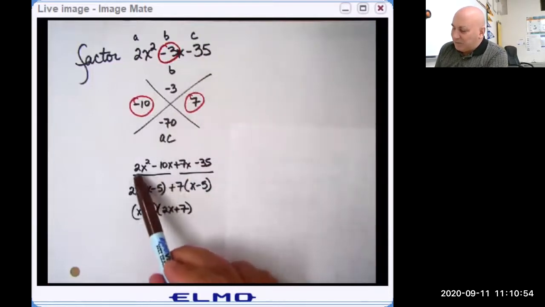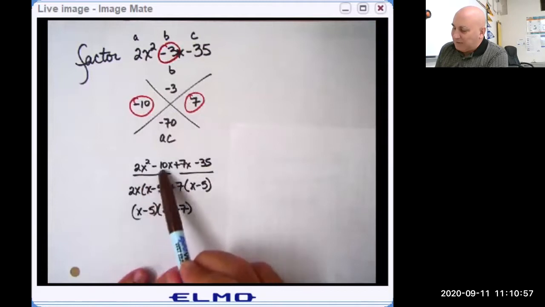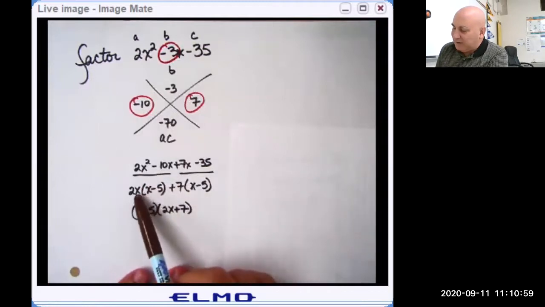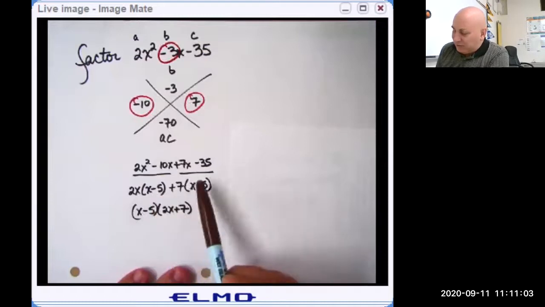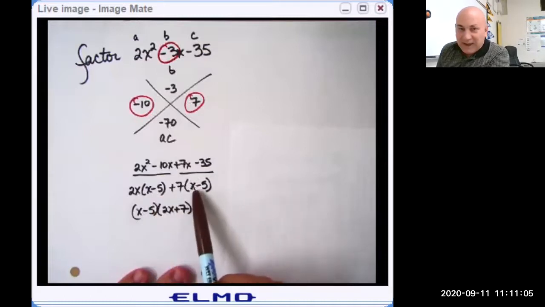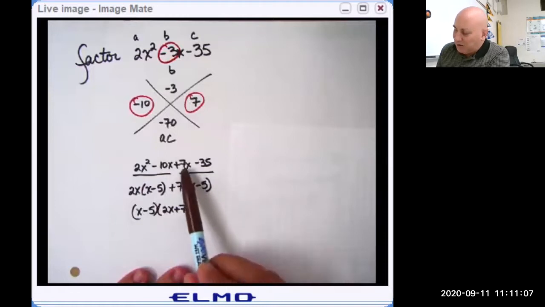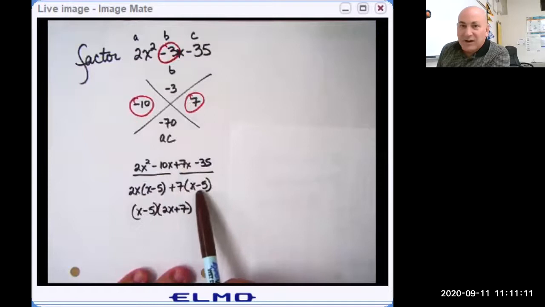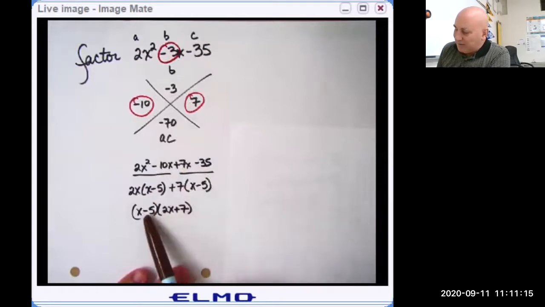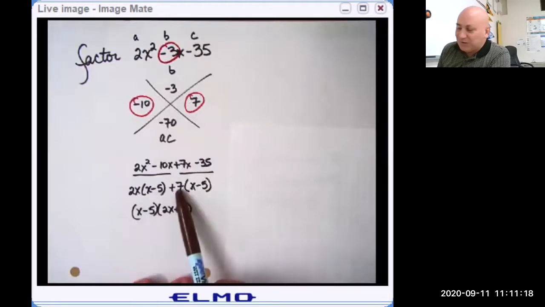Now I can factor the greatest common factor out of these two terms, and that's 2x, and I'm left with x minus 5. There should be parentheses over here with x minus 5 in them as well. And sure enough, if I take a 7 out of these two, I get x minus 5. So now I can factor an x minus 5 out of both, and I'm left with 2x plus 7.